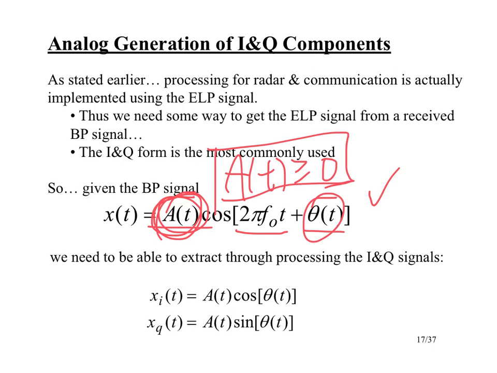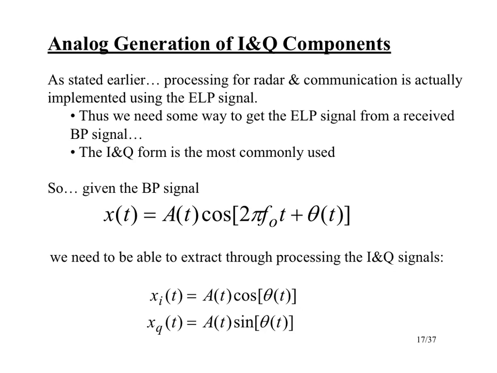Okay, so that's what we saw last time, and what we want to talk about now is how to actually create these. First we'll talk about how to create these components in an analog fashion, which is still done in some systems, but there are also digital ways to compute these.